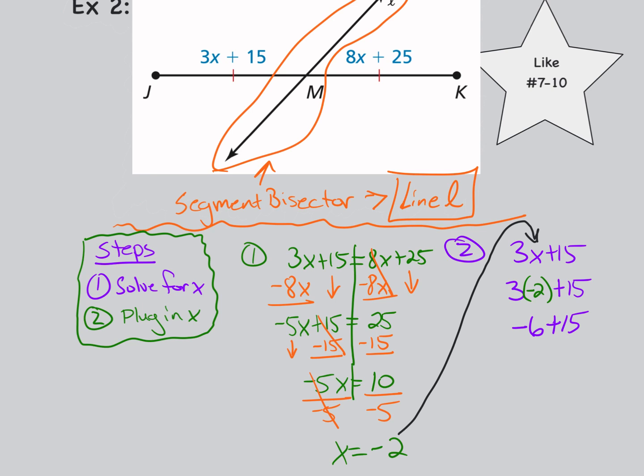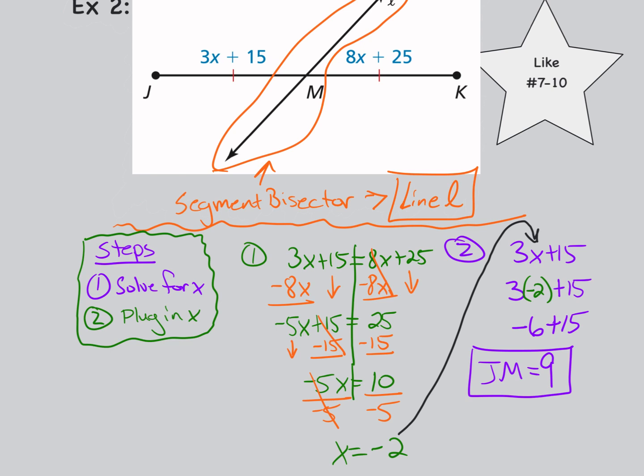When I'm combining a negative and a positive, I subtract the two numbers. 15 minus 6 is 9, and it's positive because the bigger number is positive. So JM equals 9.